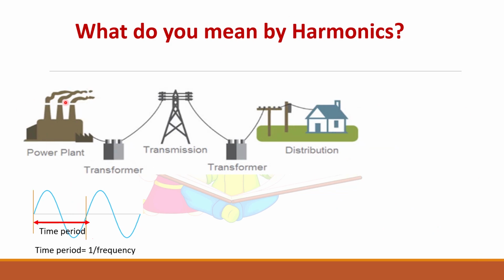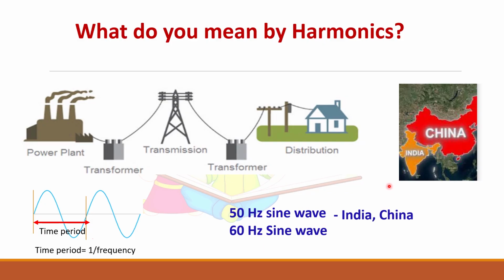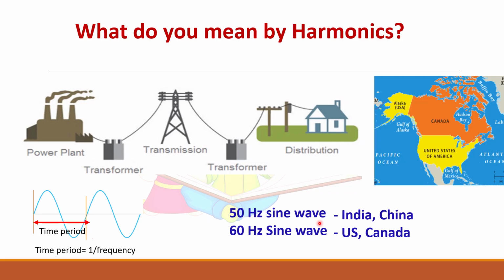The sine wave generated by the power plant will be either 50 Hz or 60 Hz depending upon the country we live in. For example, India and China have a 50 Hz power supply, whereas the US and Canada have a 60 Hz sine wave. So it depends upon the country where you live. You may have a 50 Hz supply or a 60 Hz sine waveform.